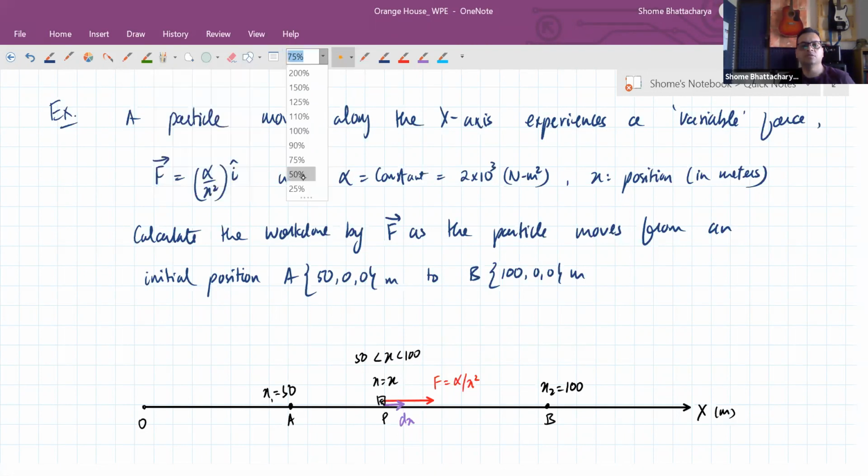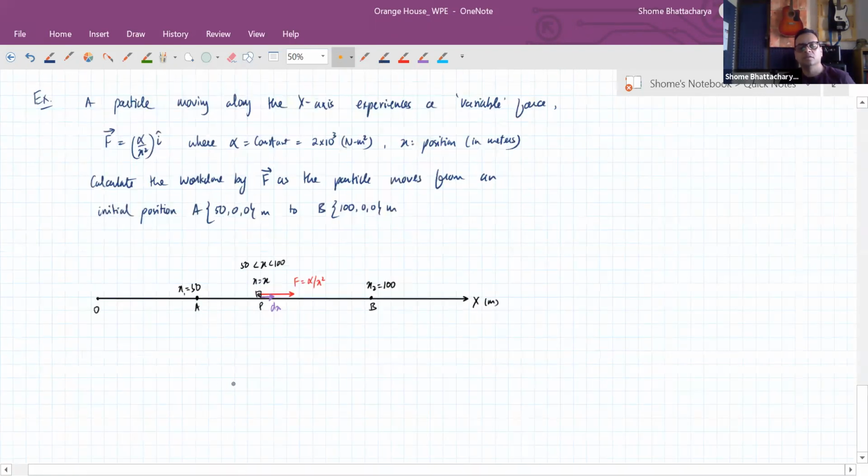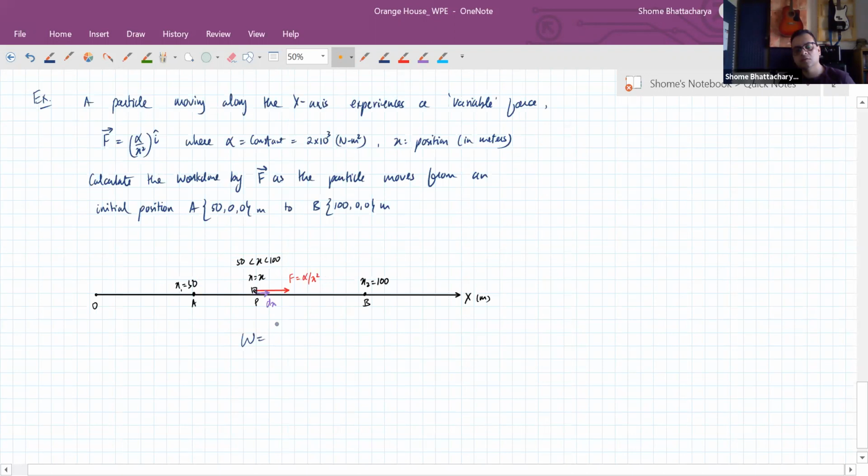So in this particular case, you can see that we will use the formula F dot ds.